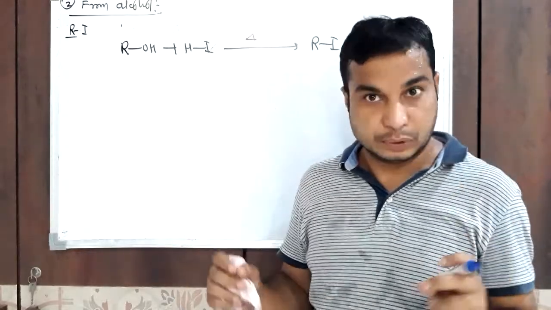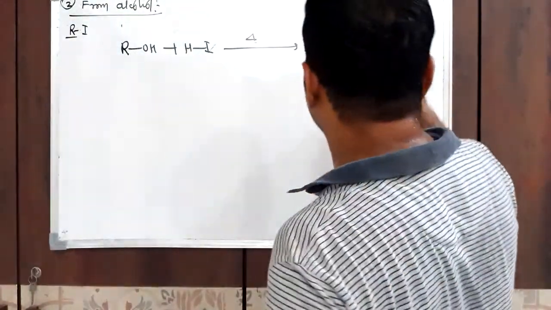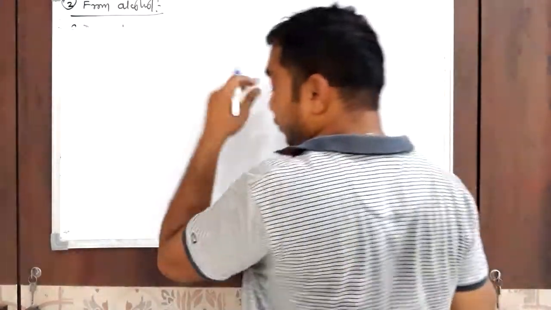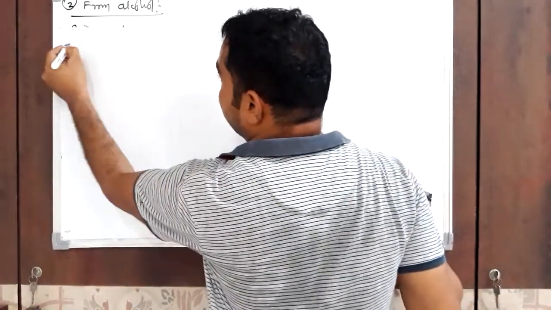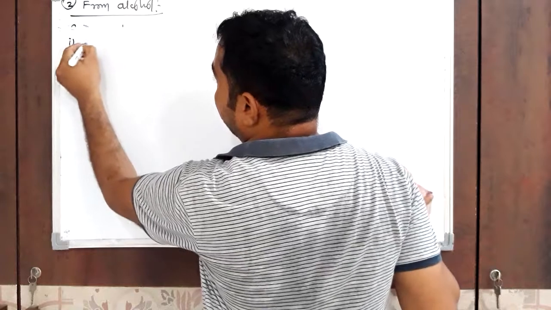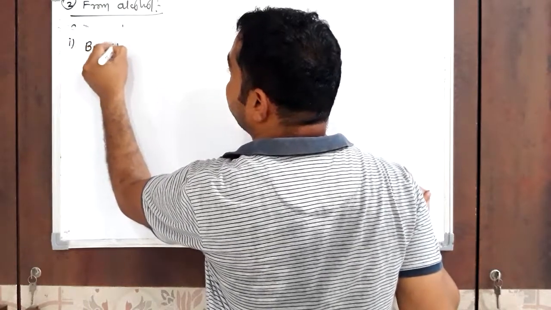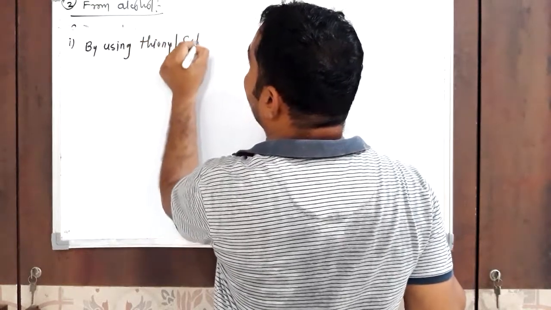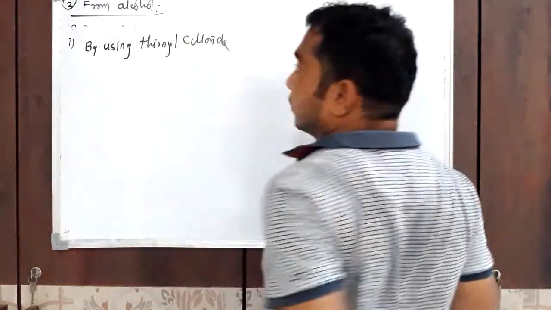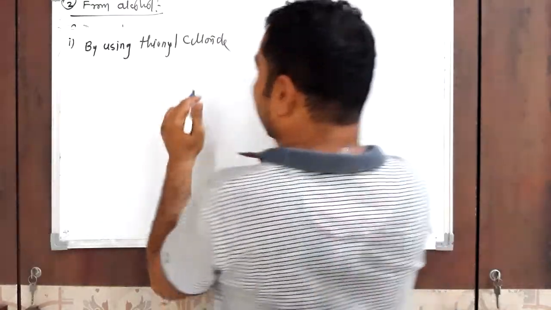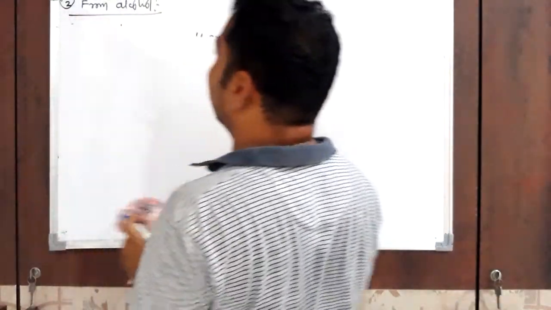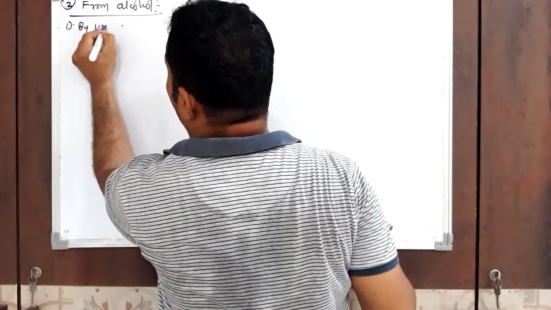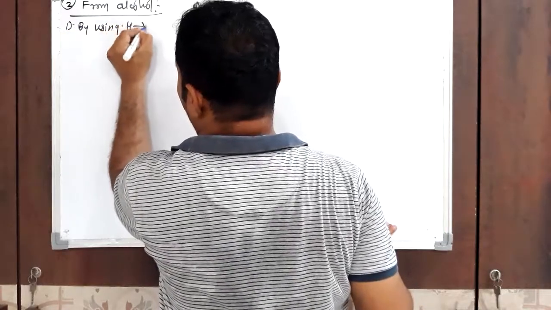So this is the way to prepare alkyl halide from alcohol. Also we can prepare alkyl chloride from alcohol by a different method. There are actually three different methods from alcohol. The first was by using HX, which we have seen.